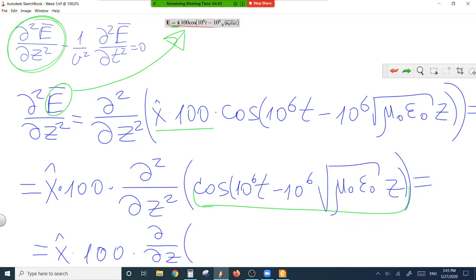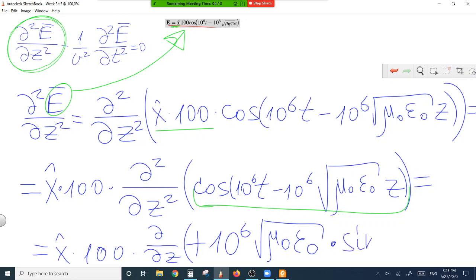The derivative of cosine is minus sine, so this minus will become plus sine.